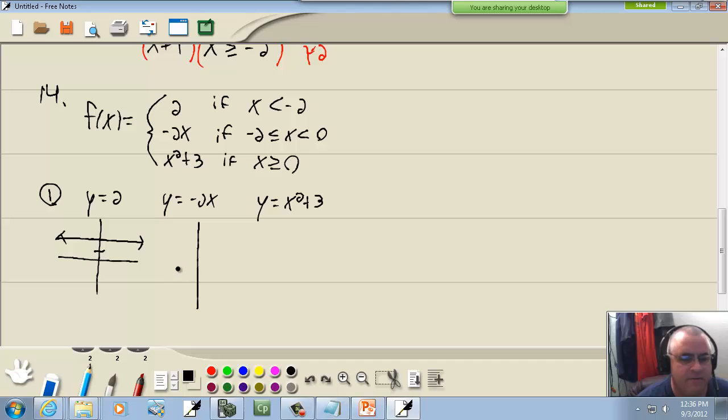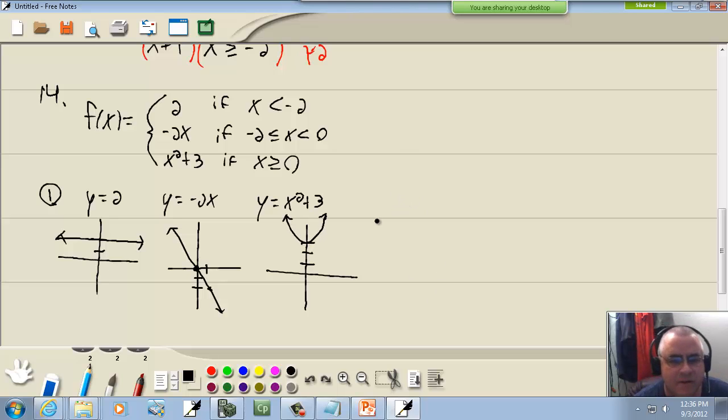Y is equal to negative 2x looks like this. And y is equal to x squared plus 3 looks like that. Okay, now let's apply our conditions.